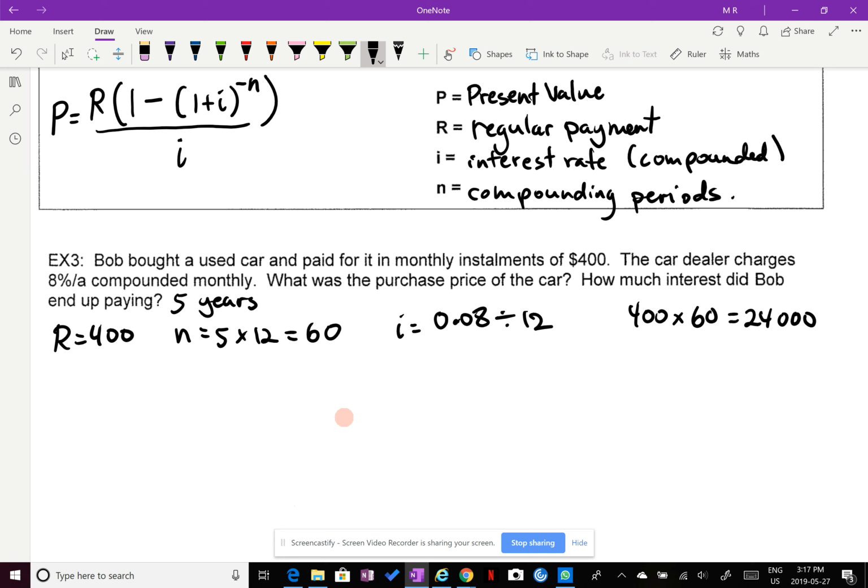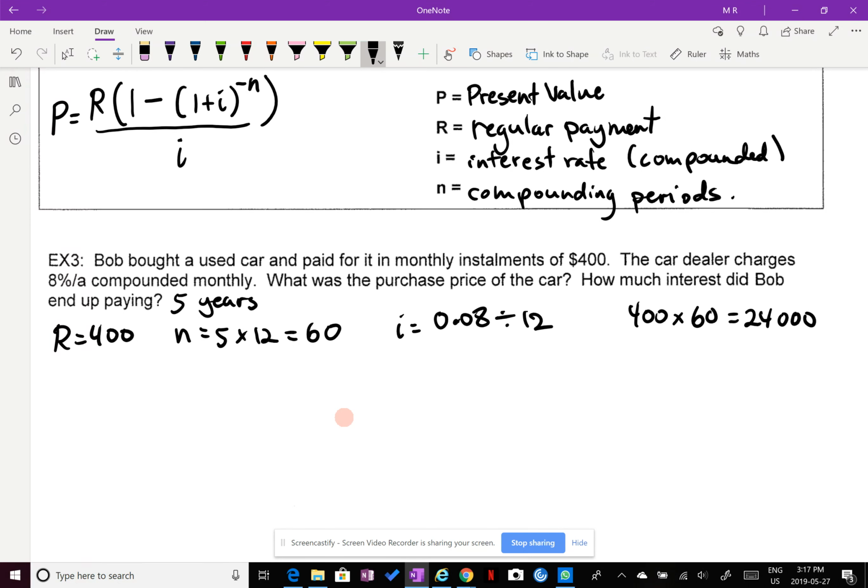He paid $24,000 total for this car over the 5 years. So some of that $24,000 was interest, and the rest was the original amount of the car. Okay, so what was that original amount of the car? What was that present value? So you say 24,000, some interest plus the PV makes up that 24,000.